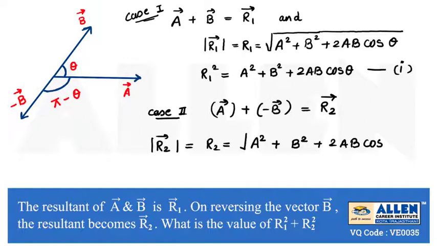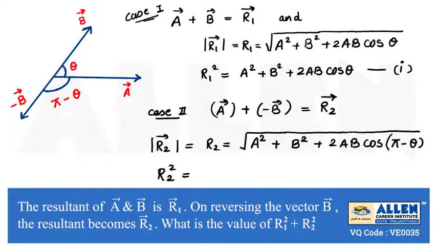Again theta is the angle between those vectors which are being added. Here we are adding A vector and minus B vector, so the angle between these vectors is pi minus theta, which is shown in the figure. According to our formula, we will get the resultant like this.